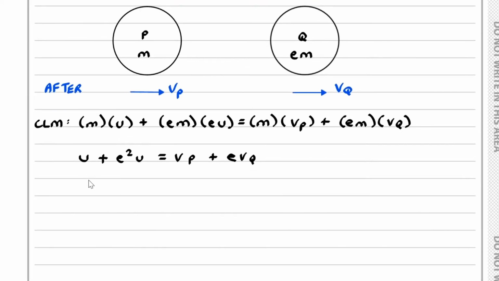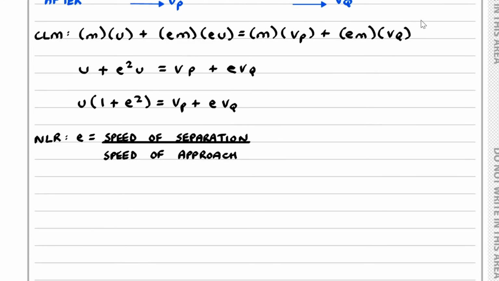And if I factorize out a u, we've got u lots of 1 plus e squared equaling vp plus e vq. Now let's use Newton's law of restitution, which we know that e is equal to the speed of separation over the speed of approach.